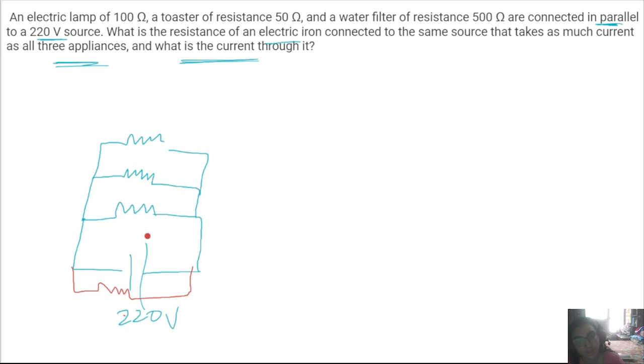So what we can understand here is all of them are from the same potential difference. So if this drawing is confusing for you, you can just draw it like this.